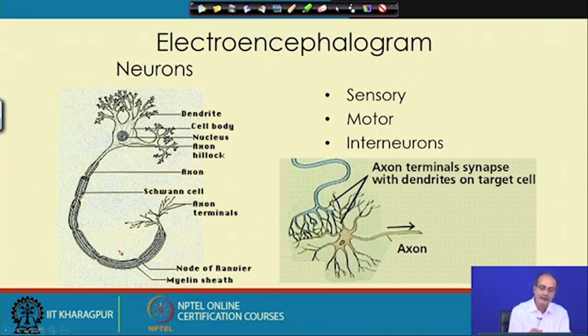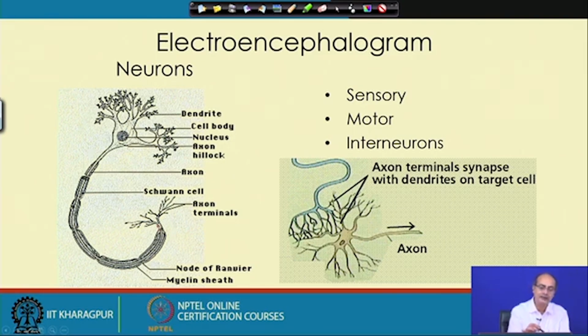So, when the signal passes from the cell body, the next electrical connection can happen at the next node of Ranvier. So, electrical signals jump from one point to the other, and that is how the signal can pass at much higher speed in the neuron.